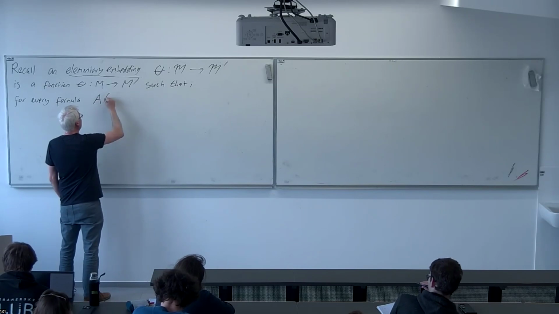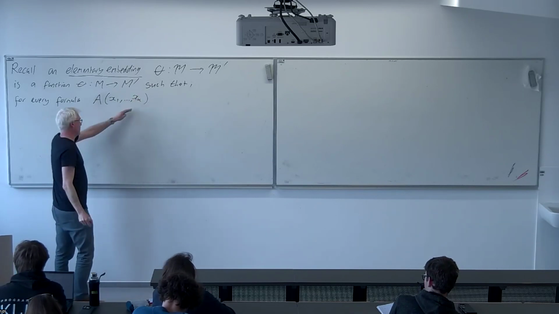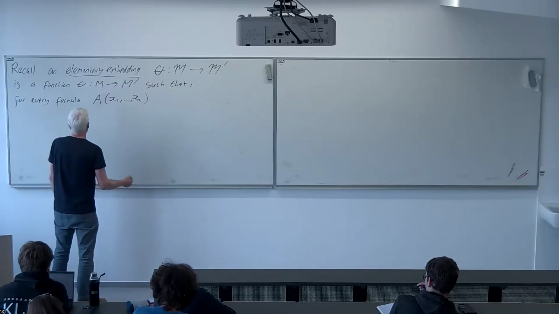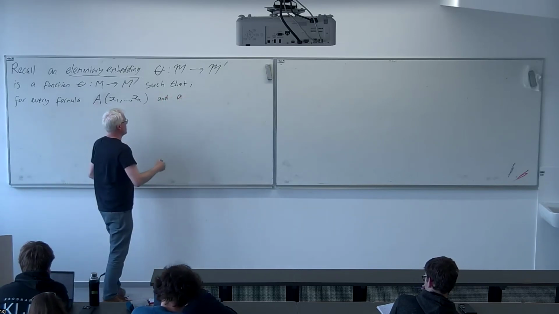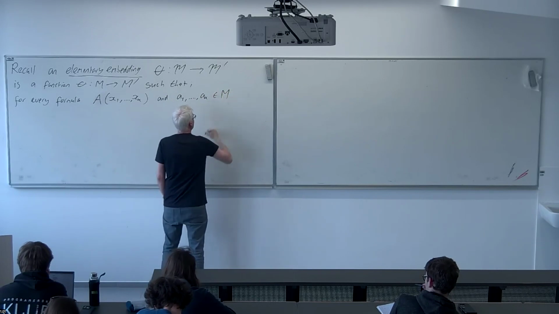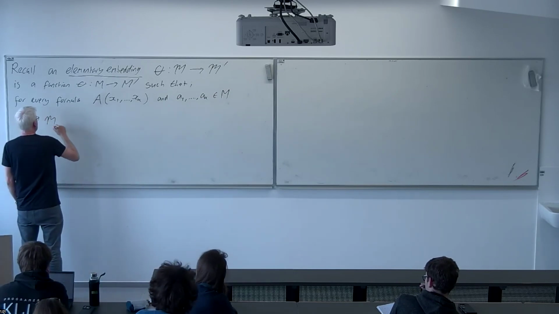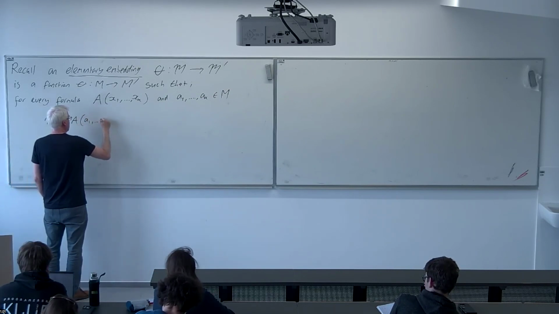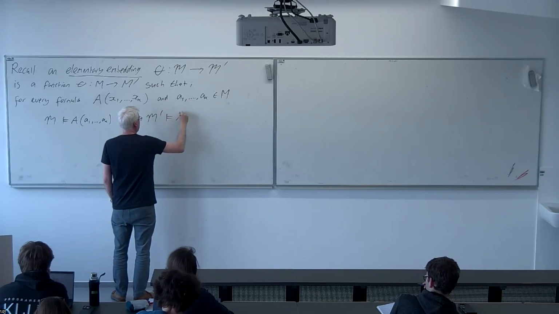Anyway, for any formula phi with some free variables x1 to xk, remember this is our notation: we have at most these variables in the formula. Rather than interpreting with an environment, we can interpret with parameters a1 up to ak from the structure M. If phi holds in M for these parameters a1 to ak, then phi also holds in M prime.